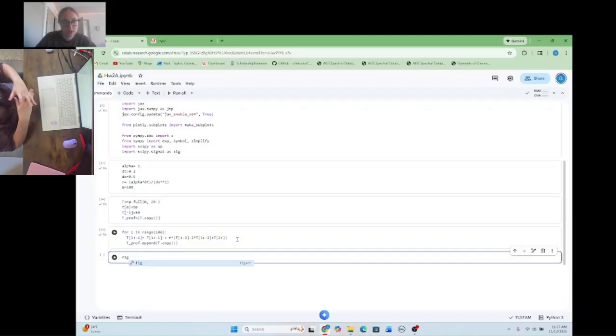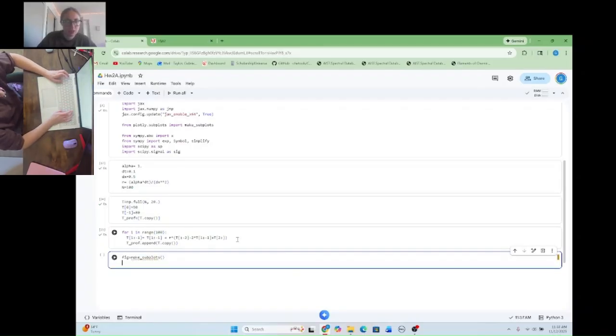So fig is equal to make_subplots, and then after that we can do our k.